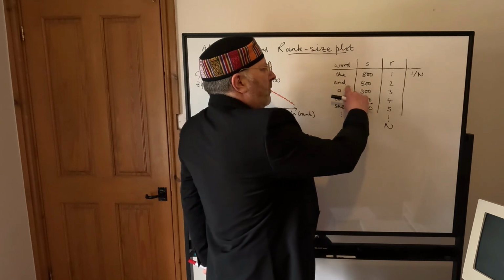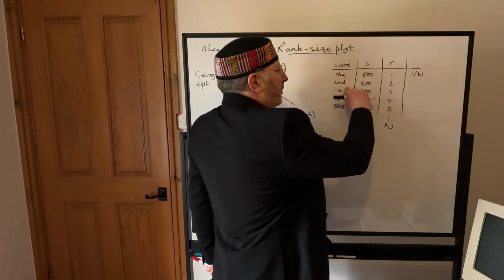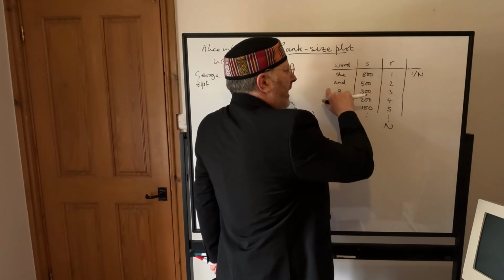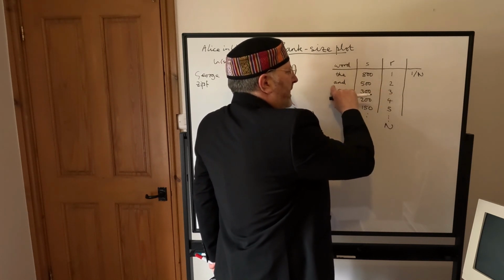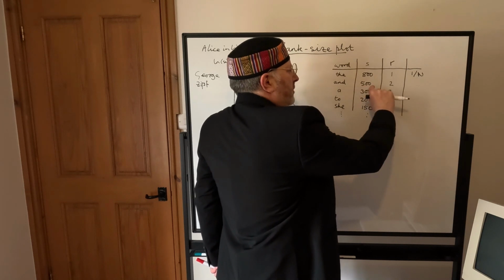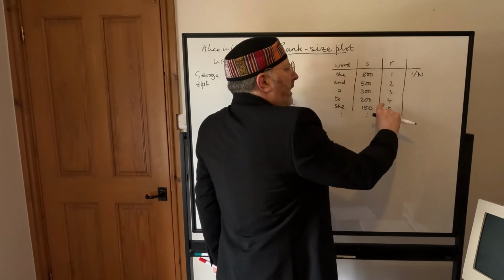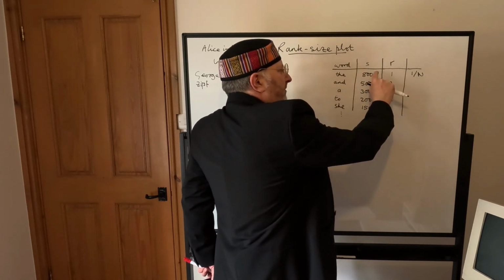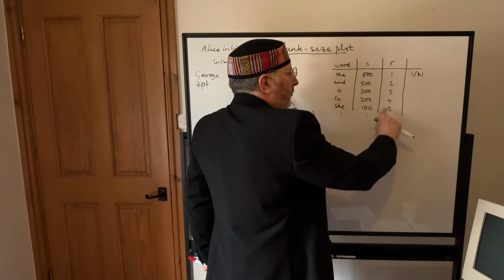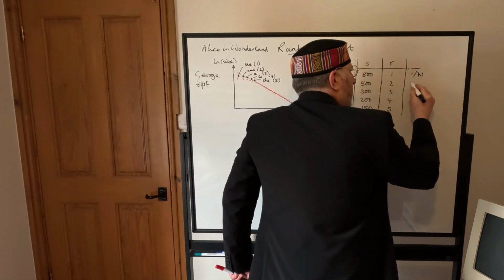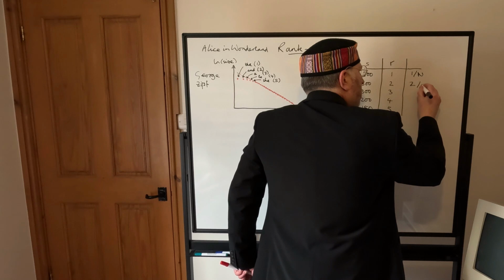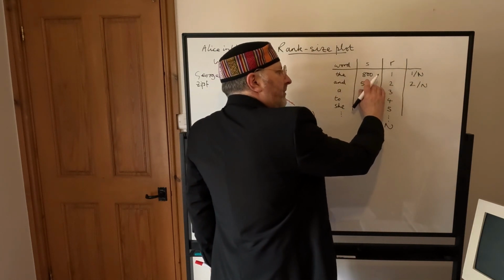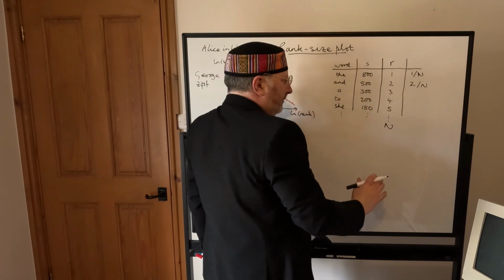And then what if we ask about the cumulative probability for and? So that means what's the probability of a word being 500 or greater? Well, there are only 2 such words, because this is rank 2. The only word above it is the, and everything else is less. So in other words, there are 2 out of n words that are equal to 500 or greater.